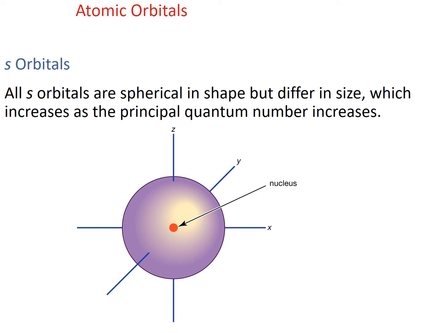A sphere can have only one orientation. All of the other orientations would be identical. So in that regard, that's why we have s as a spherical shape. If you increase the principal quantum number, however, that would have a different size. That would increase the size and also the energy, but it would still be spherical in its shape.